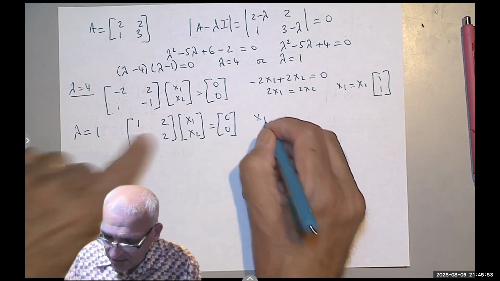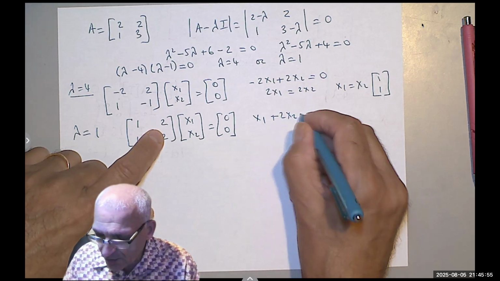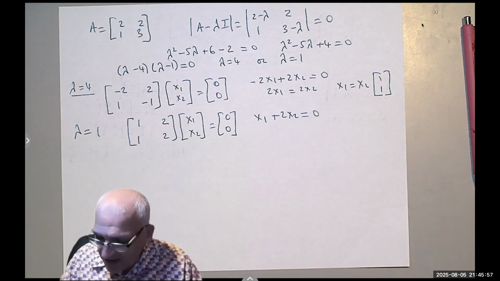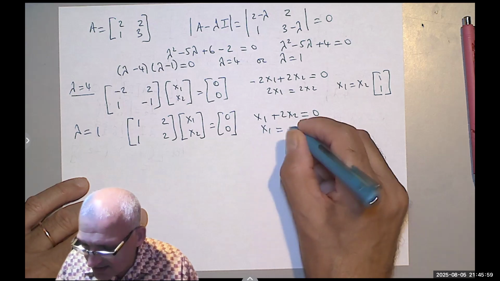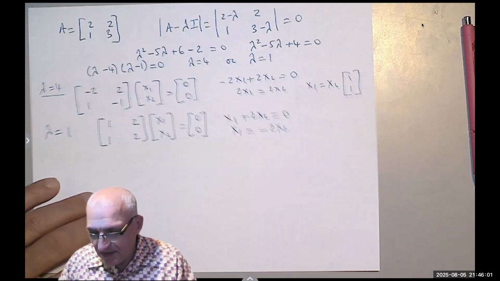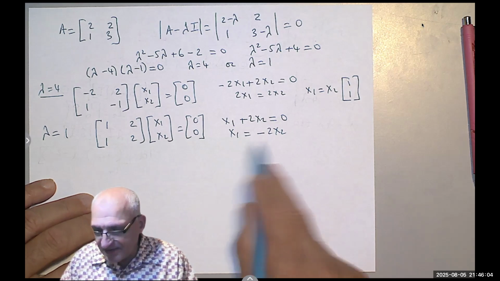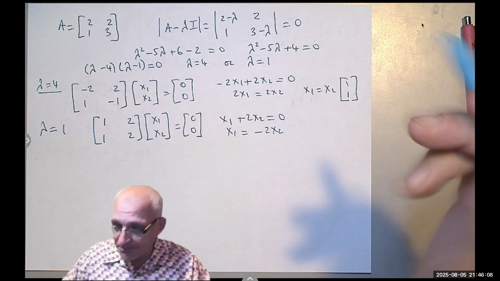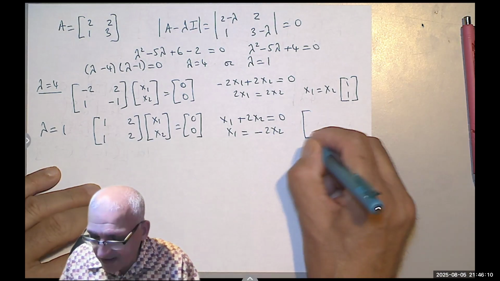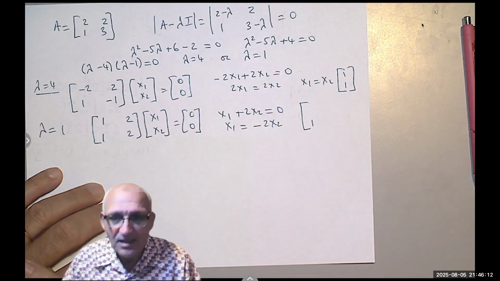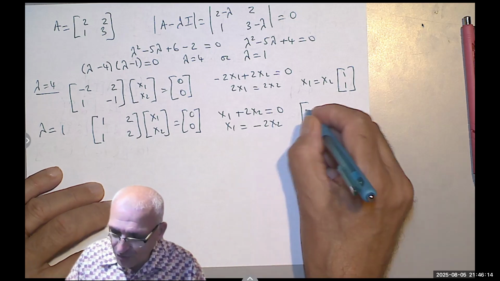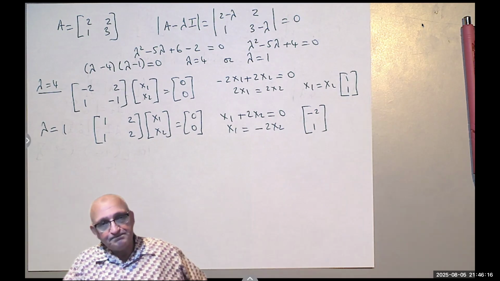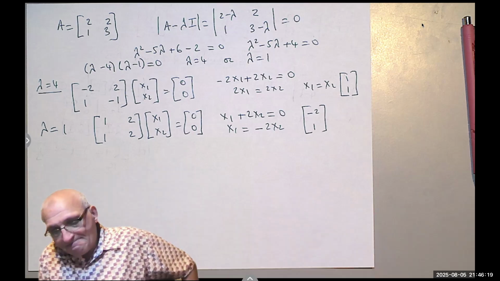So x1 plus 2x2 equals 0, meaning x1 equals negative 2x2. So how do I make a vector such that x1 equals negative 2x2? I can pick any numbers. The easiest is to make x2 equals 1, right? And then multiply 1 by negative 2, so you get negative 2, 1. Okay?